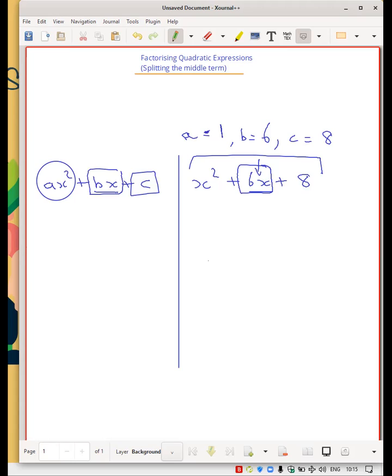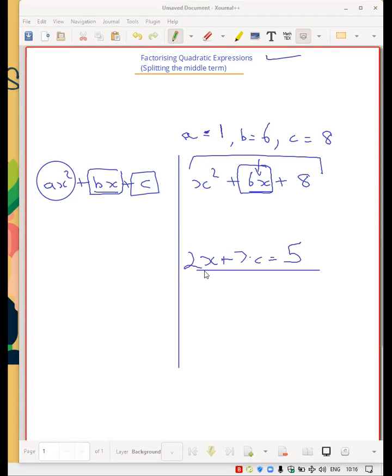Okay. So for example, if I had something like 2x squared plus 7x is equal to 5. Firstly, we are understanding how to convert an expression into a quadratic equation.